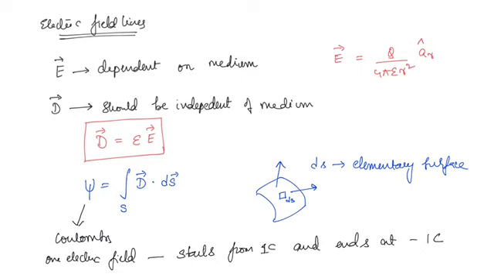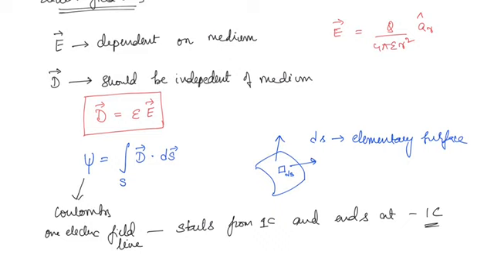So one electric field line is taken to be like this. That is why the flux is measured in terms of coulombs, because one electric field line is associated with 1 coulomb.